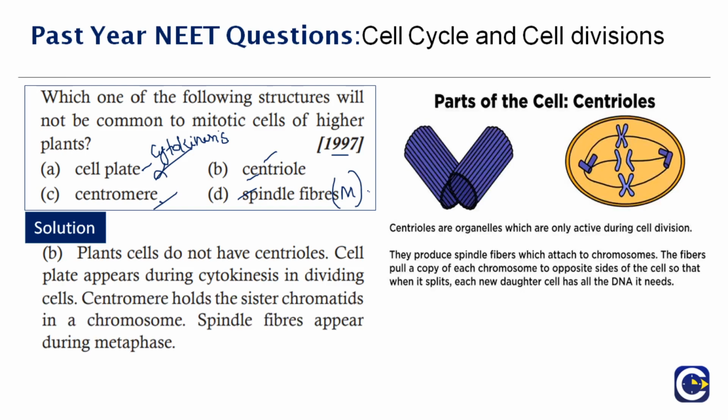Okay, now to your right side, you can see the centriole. Centrioles are organelles which are only active during cell division. And this centriole is not present in plants, it is present in animals or in eukaryotic cells. They produce spindle fibers which attach to the chromosomes. The fibers pull a copy of each chromosome to opposite sides of the cell, so that when the cell splits up, each new daughter cell will have the DNA that it needs.